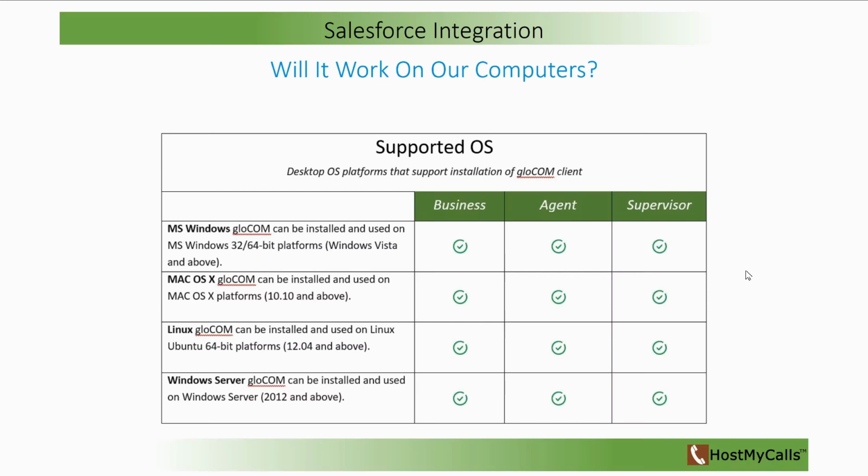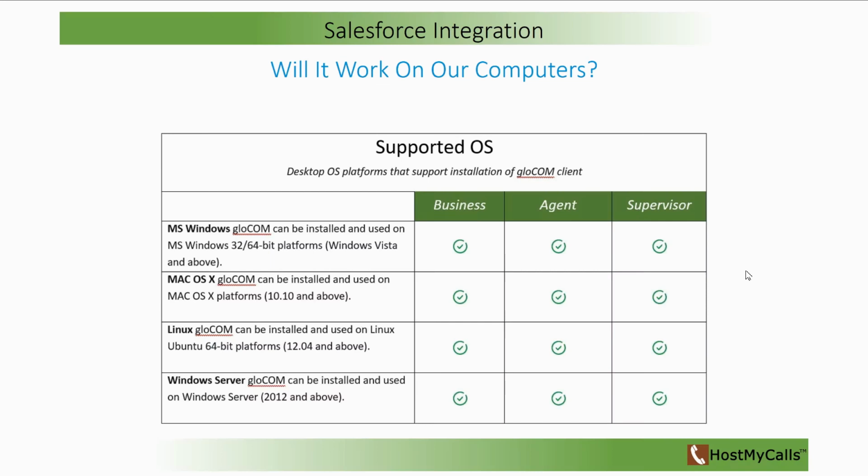Glowcom comes in 3 different varieties. The business version is the most popular, which includes control of the desk telephone. It also includes a soft phone, instant messaging, and status. The agent version of Glowcom includes all of the capabilities of the business version, but it also has several capabilities that are specific to a call center agent.